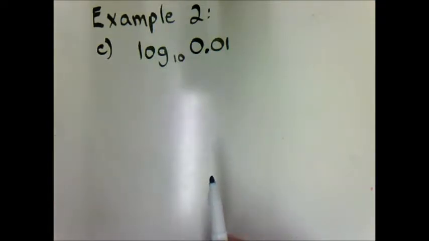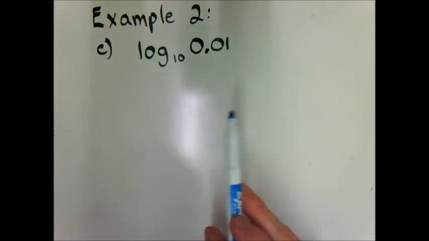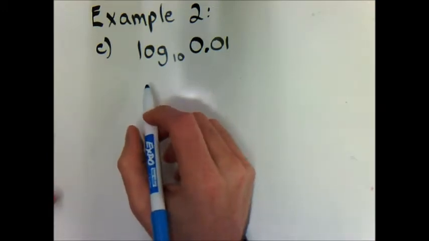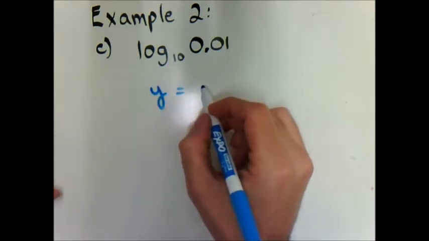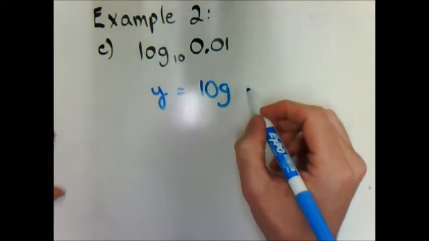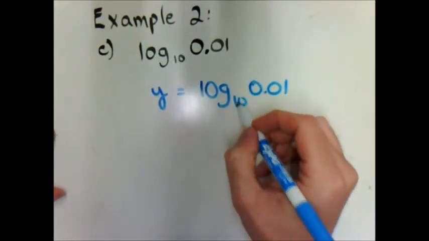Example C asks us to evaluate the log of 1/100th to the base 10. So we can let y equal this log, the log of 0.01 to the base of 10.